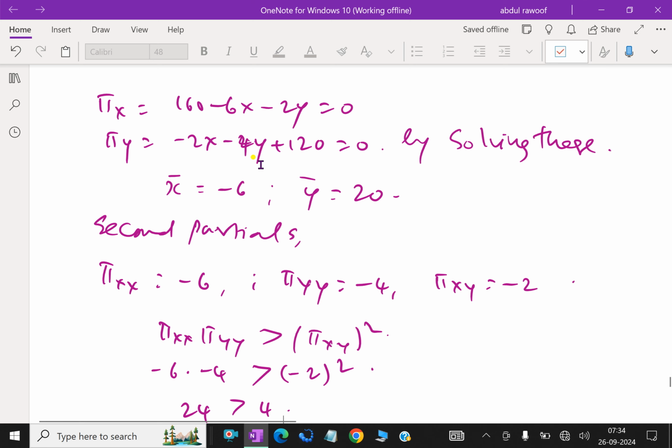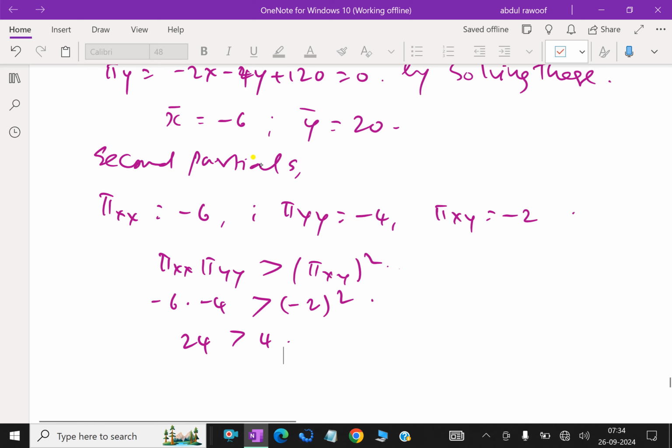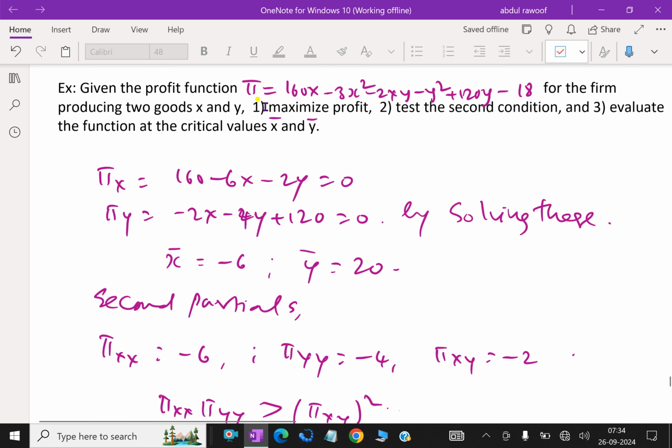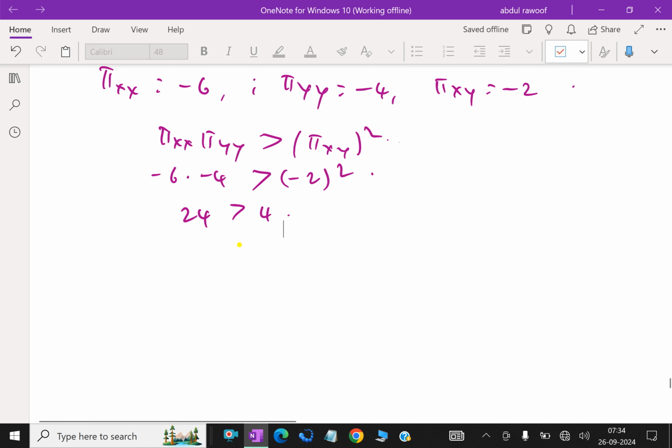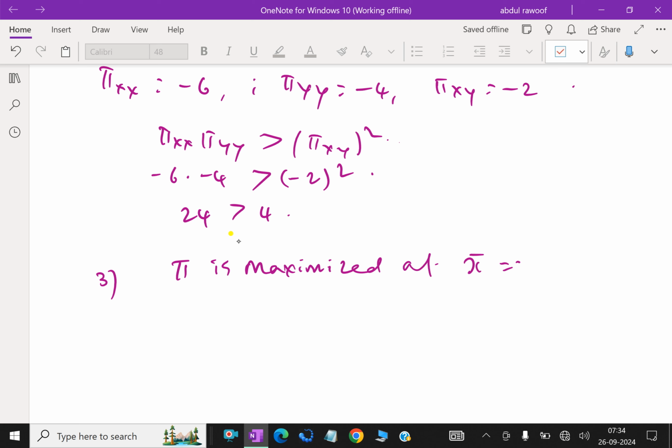Then by substituting the critical values of x and y in the function, we get pi. Pi is maximized at x bar equal to 20, y bar equal to 20.